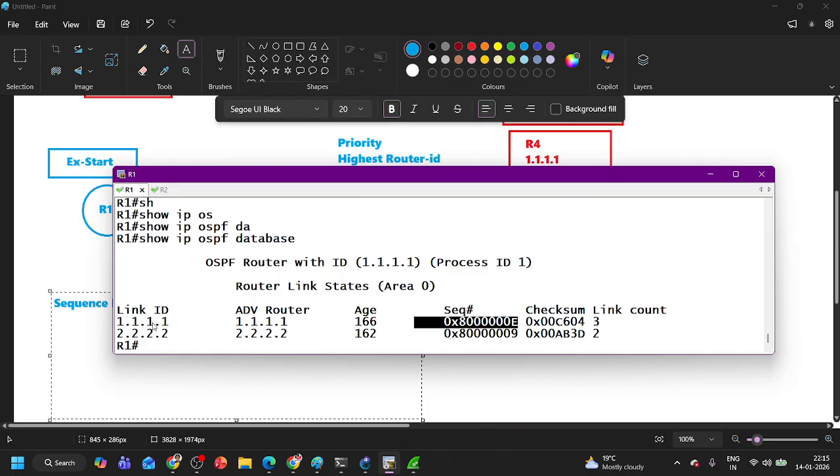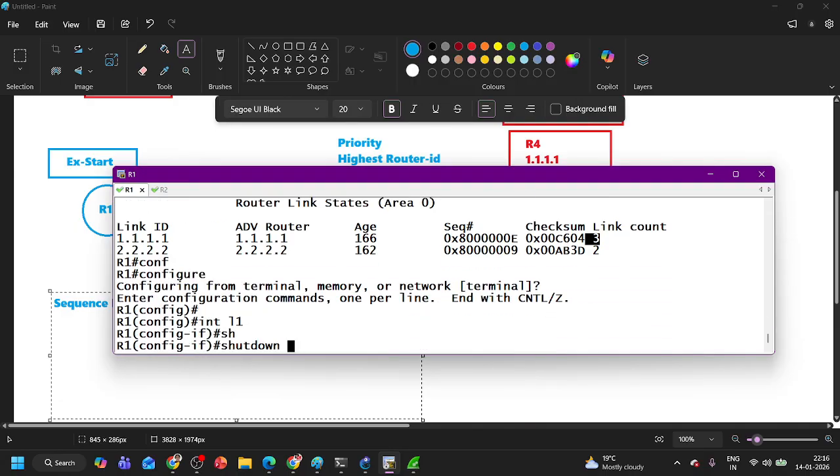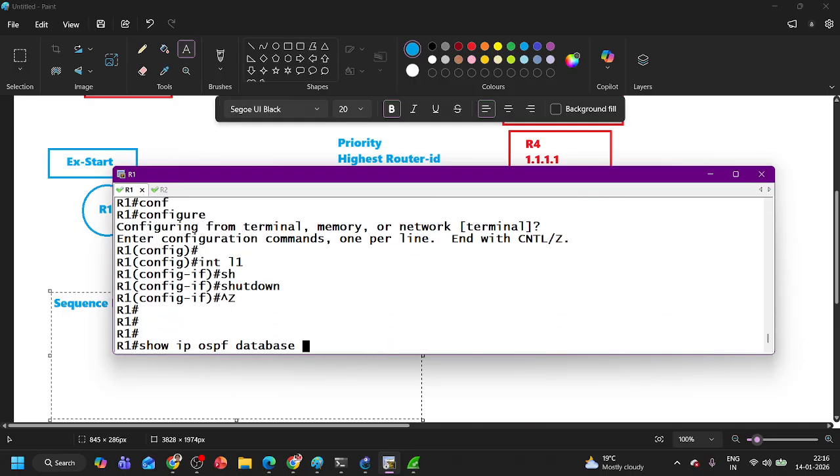Sequence number of R1 database, sequence number of R2 database. Sequence number is represented in hexadecimal. If I change, add or remove any network information from the database of R1, like here you can see 3 links are there. If I shut down interface loopback 1, then show IP OSPF database.